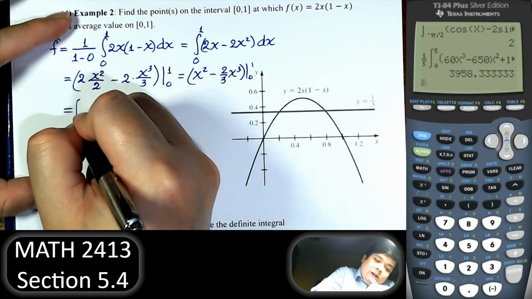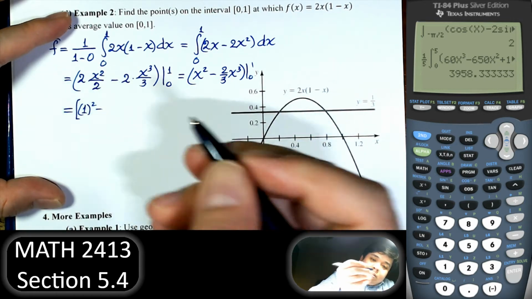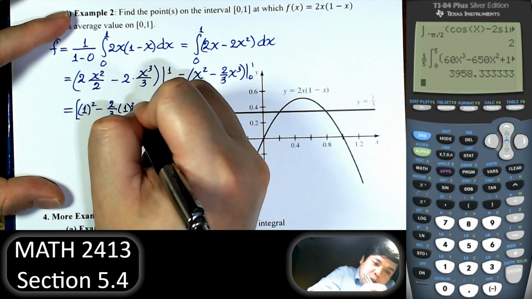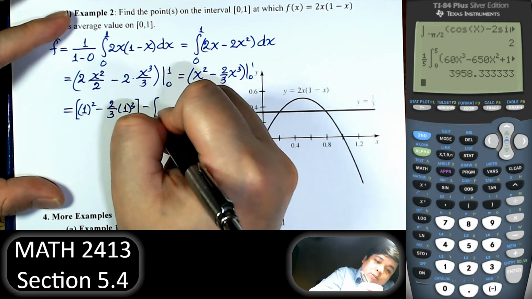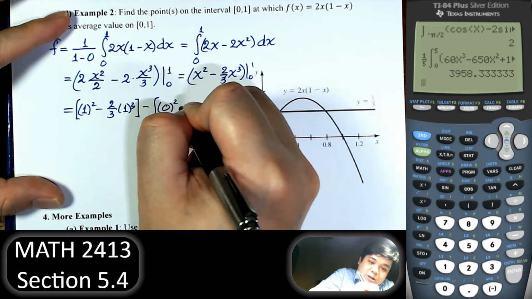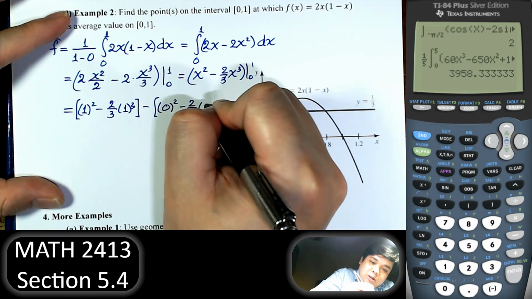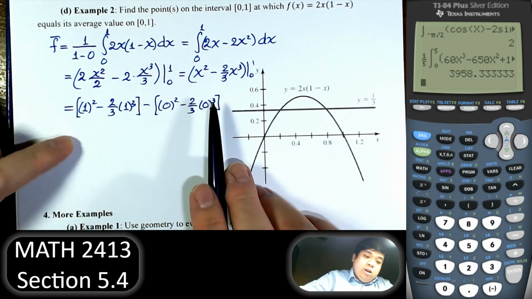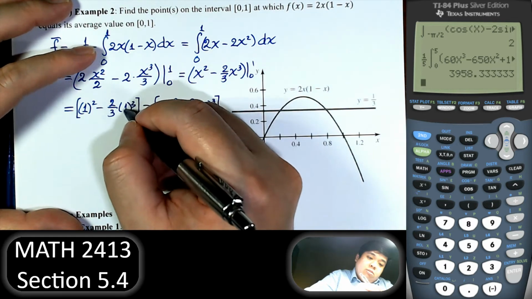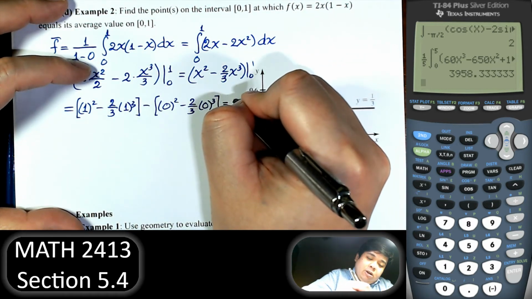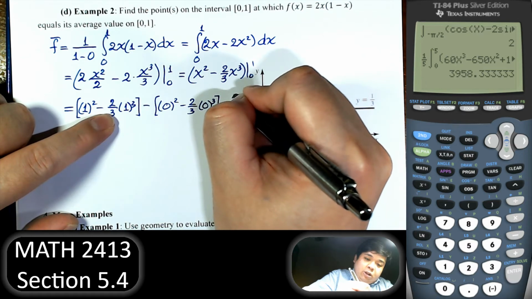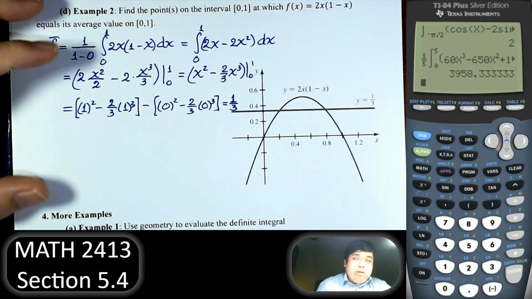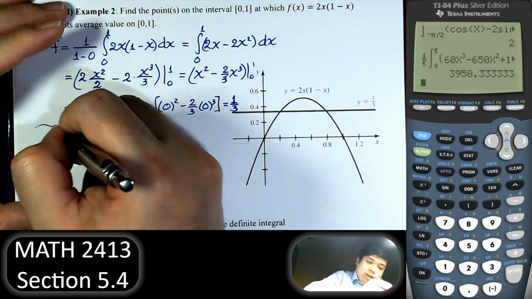Put in 1 for x: that is 1 minus 2/3. Subtract, put in 0 for x. Zero times anything is 0. So 1 minus 2/3 is 1 over 3. So the average height is 1 over 3.